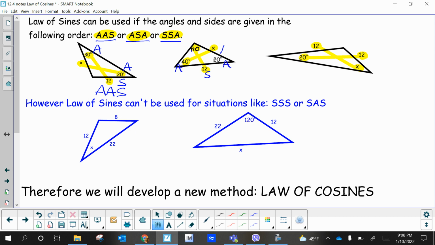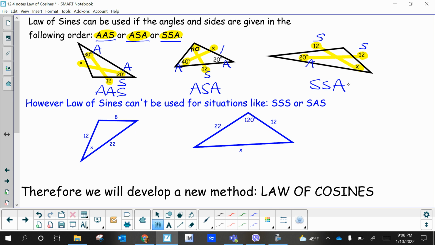Those three right there are given, and I'm looking for the X. So that one was angle, side, angle. And this last one was side, side, angle. But again, I like to just see it as looking at what's across from each other.